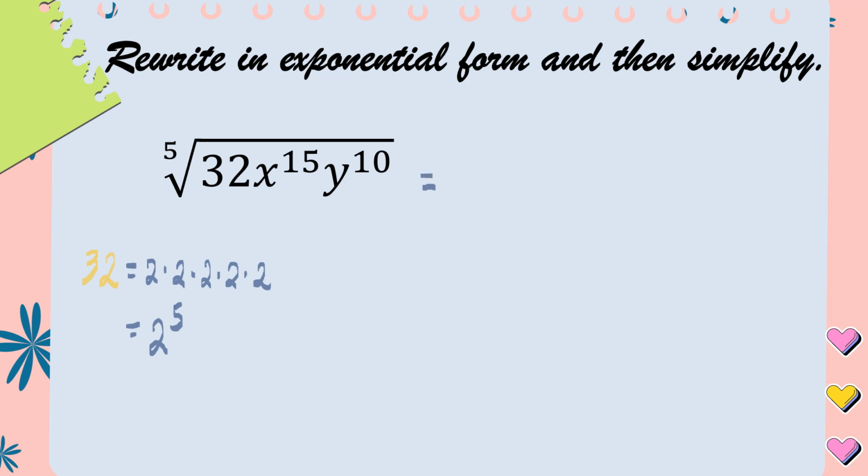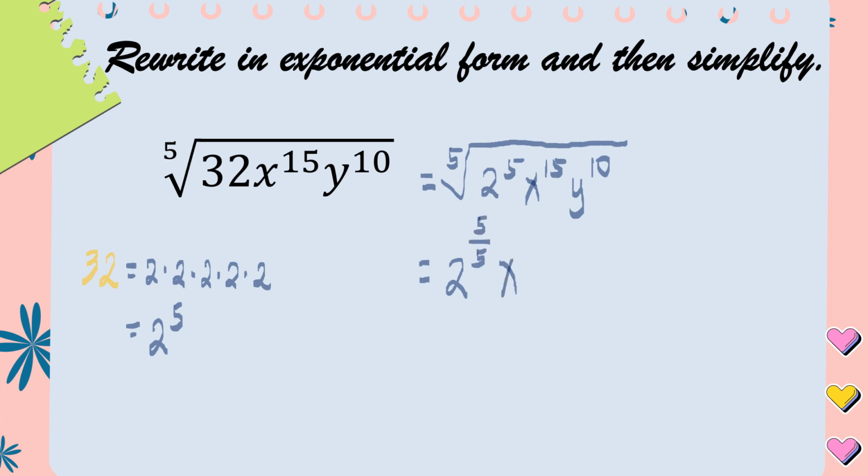So we have fifth root of 2 raised to 5, x raised to 15, y raised to 10. And when we write this in exponential form, we get 2 raised to, the exponent of 2 is 5, over the index which is 5. X, the exponent is 15, over the index 5.